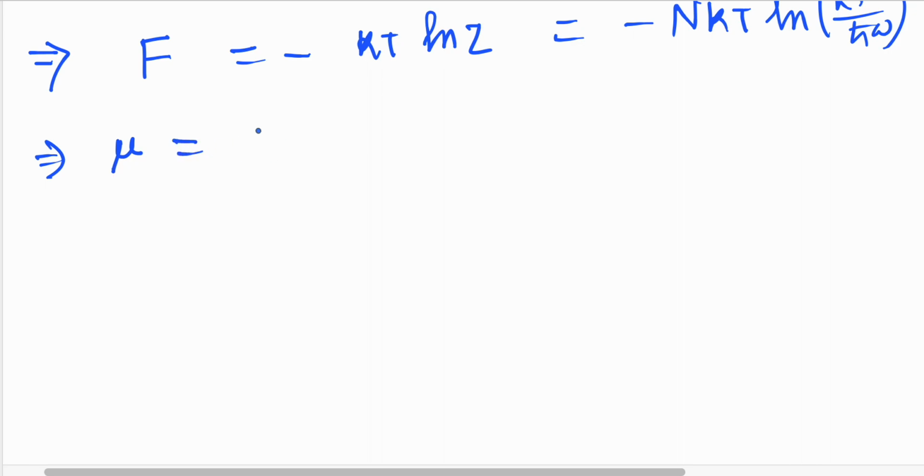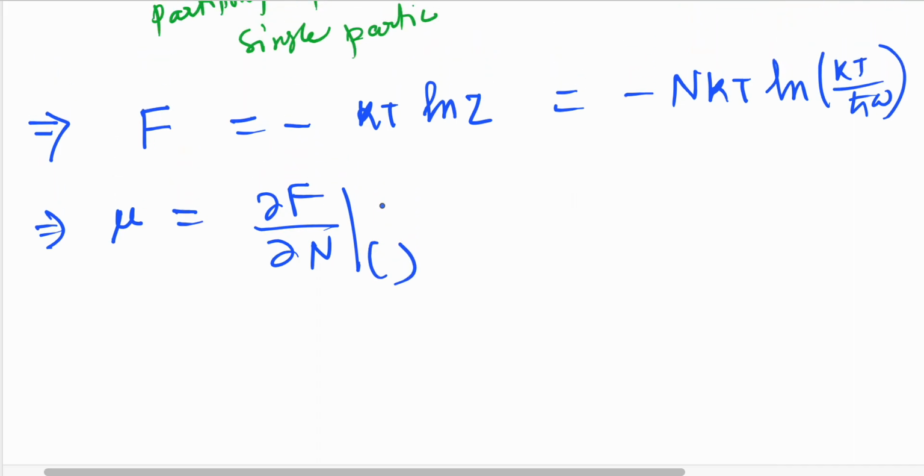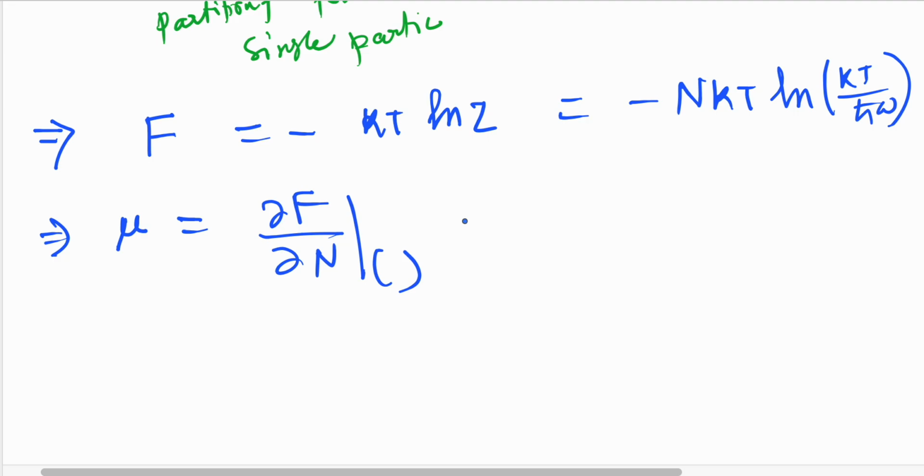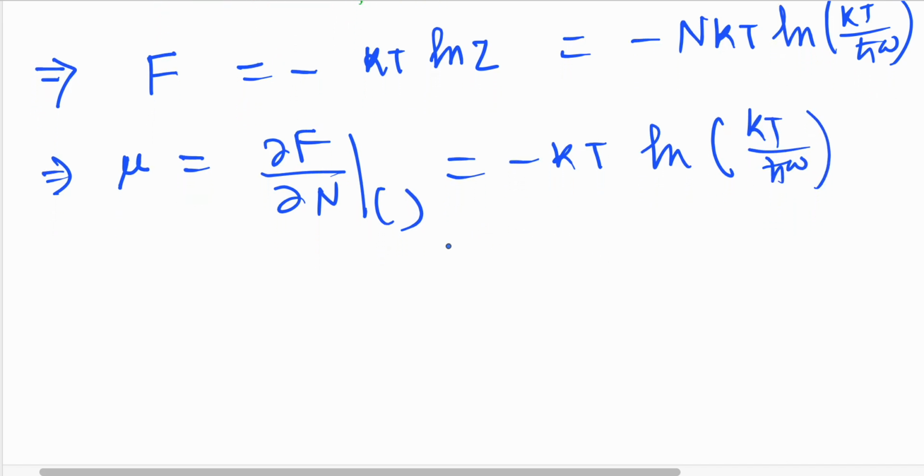Mu equal to ∂F/∂N, with all other variables kept constant. That means it will become minus kT ln(kT/ħω), which is kT ln(ħω/kT).